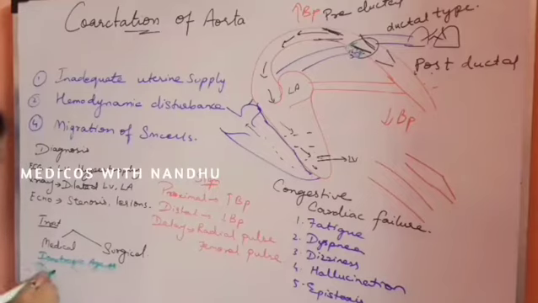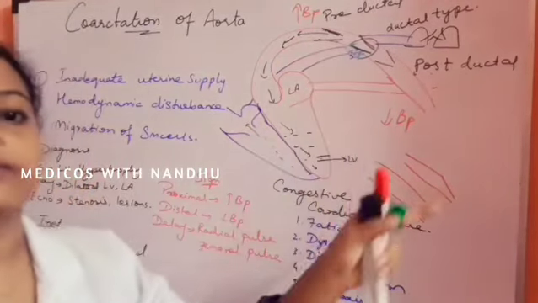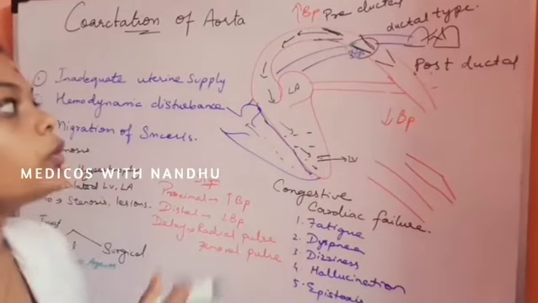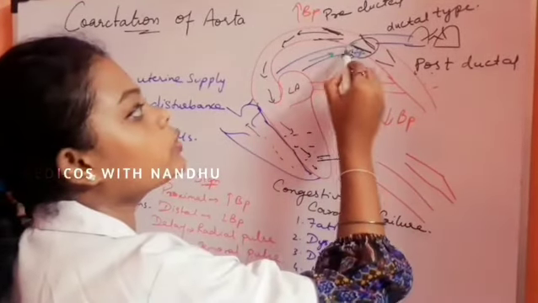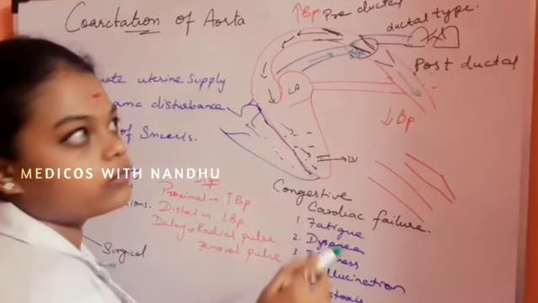Diuretics can be given and prostaglandin infusion. So if prostaglandin is given, we are able to move the blood through the ductus arteriosus and to the aorta.